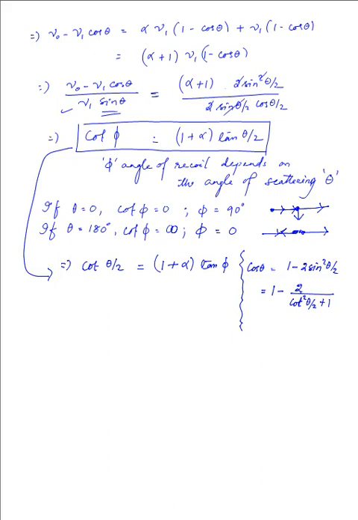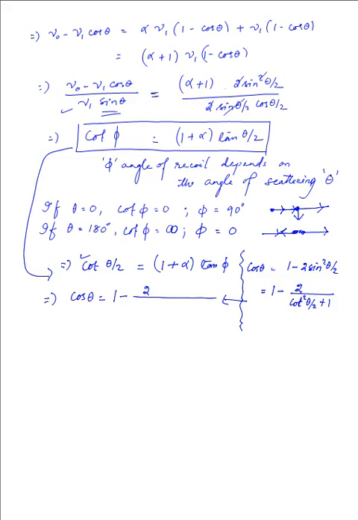from this we are getting it, cosine of theta is equal to 1 minus 2 divided by, now if you have that cotangent squared theta over 2, remember what is cotangent squared? Cotangent of theta over 2 is this.